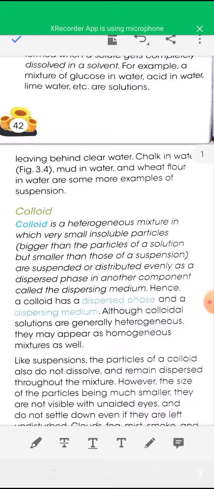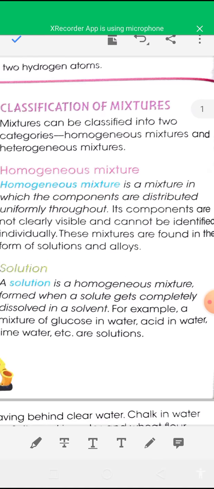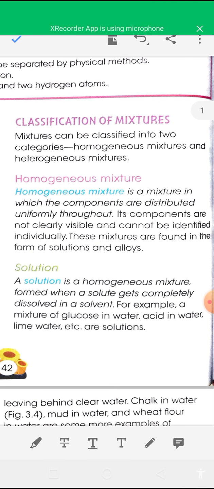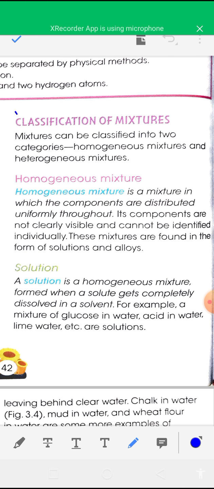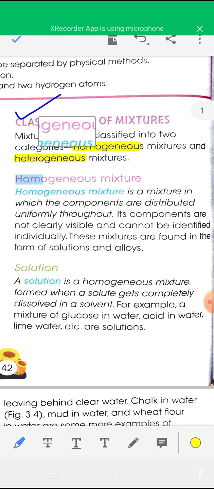Okay, now see classification of mixture. Mixtures are of two types: homogeneous mixture and heterogeneous mixture. So first I will discuss homogeneous mixture. A homogeneous mixture is a mixture in which the components are distributed uniformly throughout.